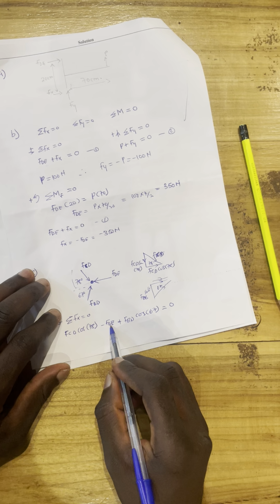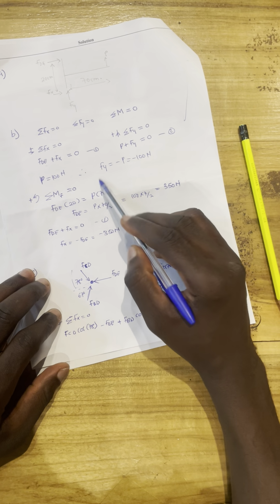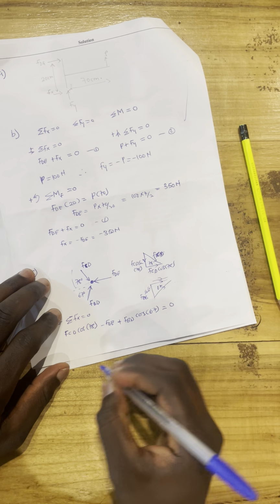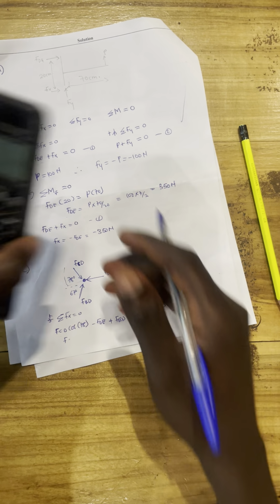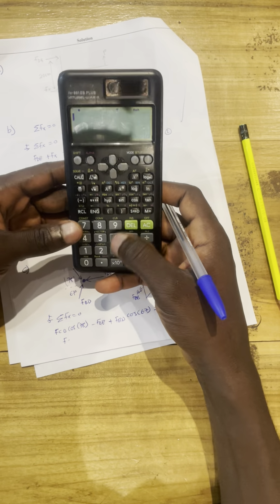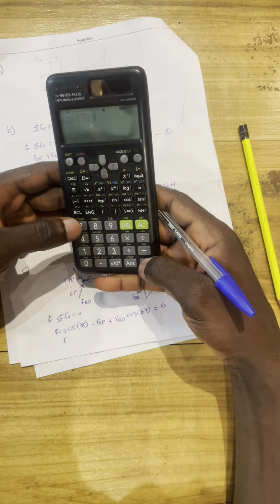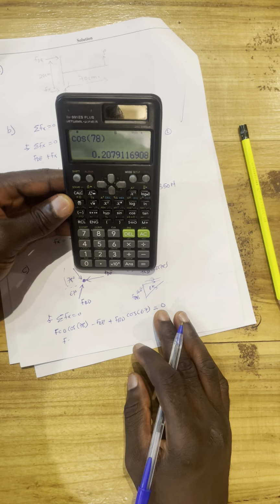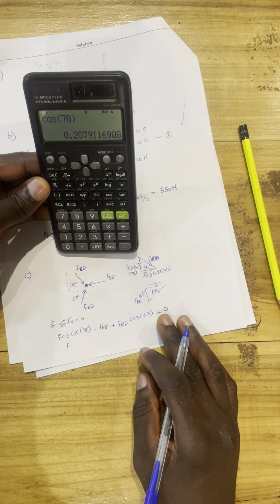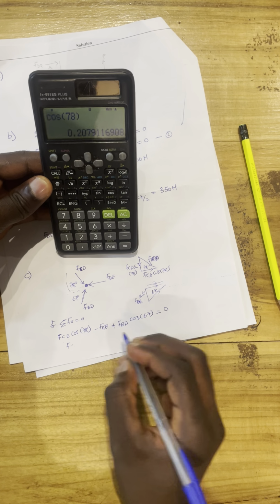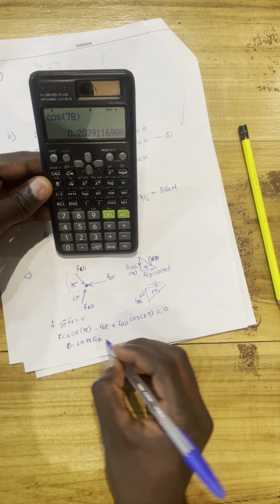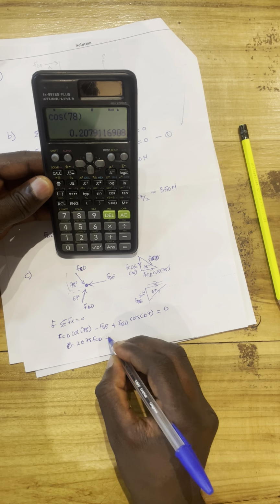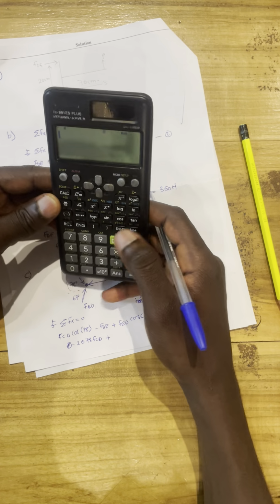All right, now you know FDE to be 350. So we can say that FCD cos 78, let's check that. Cos 78 is 0.2079. All right, 0.2079 FCD plus cos 67.